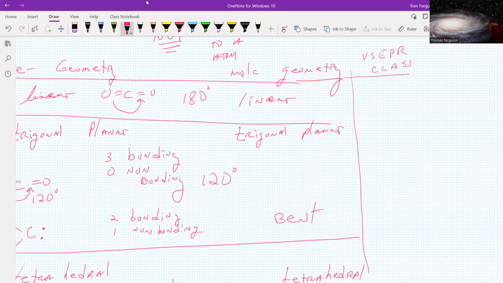Okay, in VSEPR, the language of VSEPR, we have something called a VSEPR class.